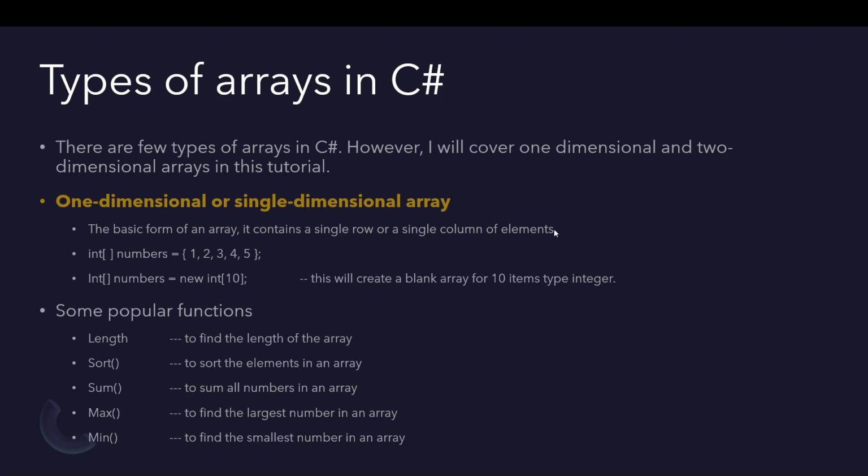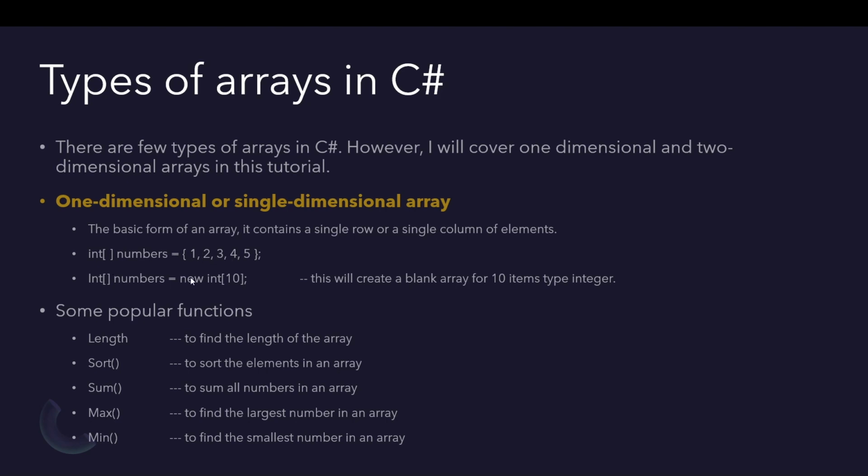And the declaration is like this: int, then brackets, numbers, which is the name of the array, and then the values 1, 2, 3, 4, 5 are stored in this array at locations 0, 1, 2, 3, 4, because the array starts from 0.